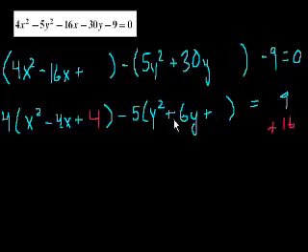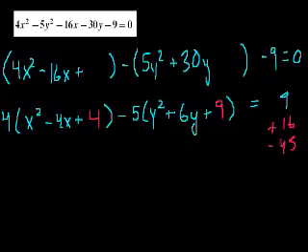And to make this a perfect square, let's see, half of 6 is 3, so 3 squared is 9. So if I had a 9 here, but I'm really adding a 5 times a 9, right? I could redistribute the 5. I really added a 45. No, I caught myself. I added a minus 5 times 9. So I'm really subtracting 45 from that side. So I have to subtract 45 from that side.